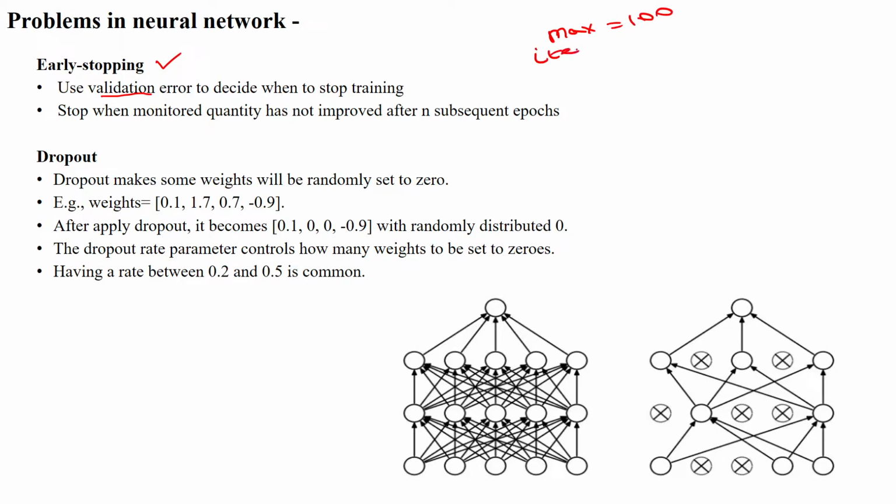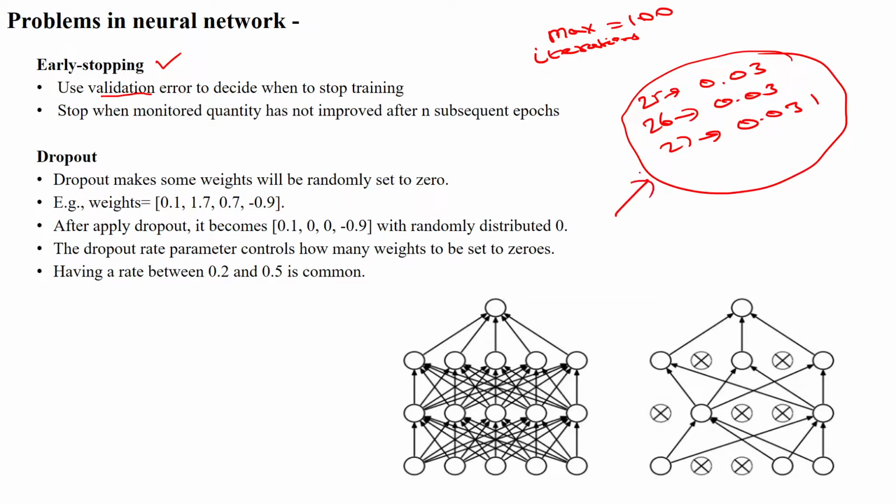If I got three consecutive error values close to 0 like this, say iteration number 25, I got 0.03, iteration number 26, 0.03, iteration number 27, I got 0.031. So I can stop with this 27 number of iterations before reaching the 100 iterations. I have given 100 iterations, but I got convergence at the 27th iteration, so I can stop at the 27th iteration. No need to go for 100 iterations. That is called early stopping.